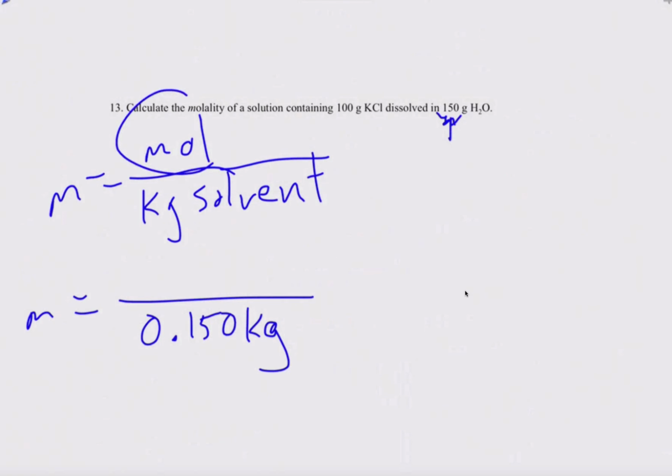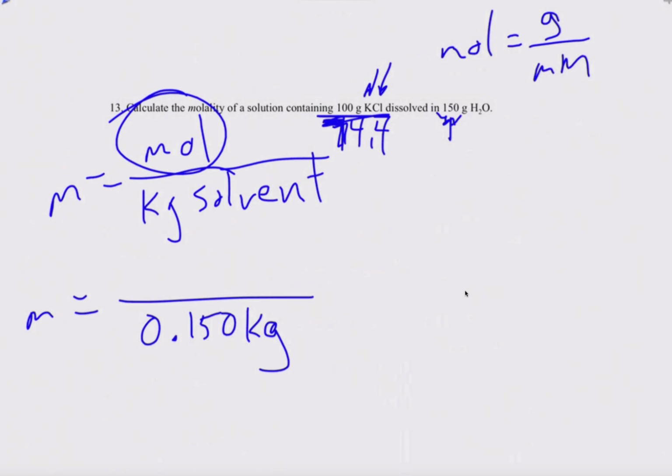So I need the moles of solute. Again, I'm not given the moles, but moles equals grams divided by molar mass. So 100 divided by the molar mass of potassium chloride, which is 74.4. Right, it's a potassium plus a chloride.